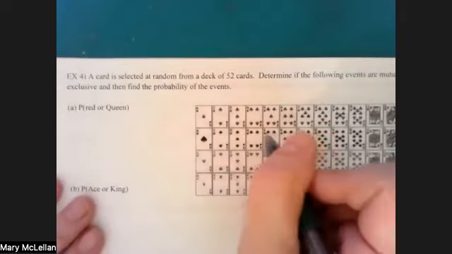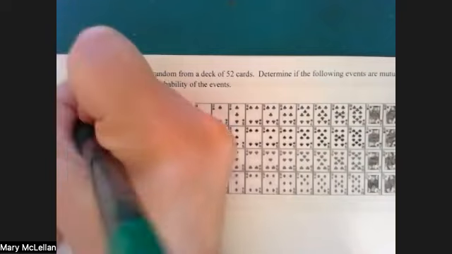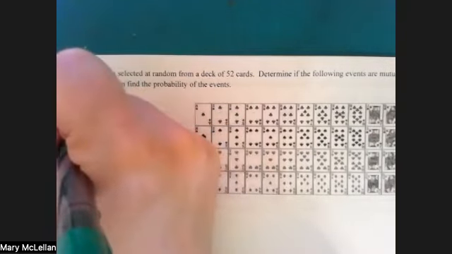So for A, we have the probability that a card is red or a queen. Now, we don't have color printers, so I'll just tell you that cards with hearts on them are red, and cards with diamonds on them are red.